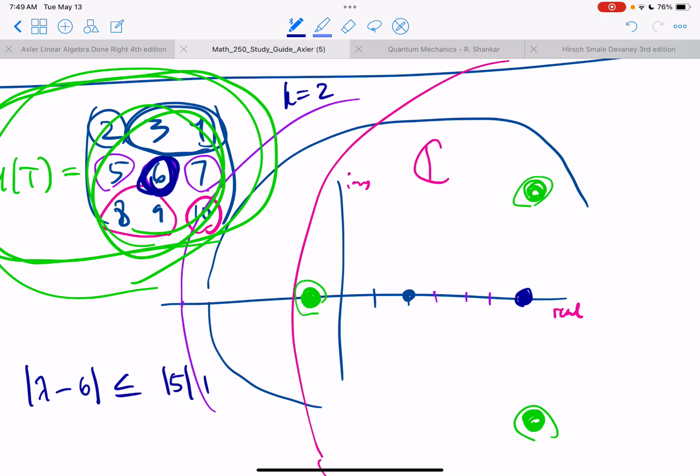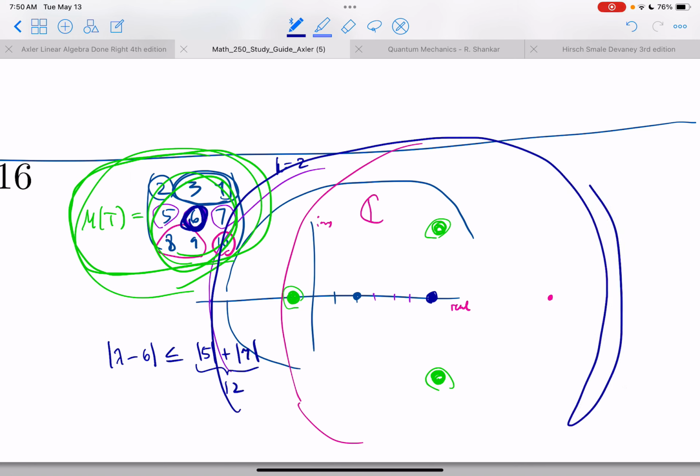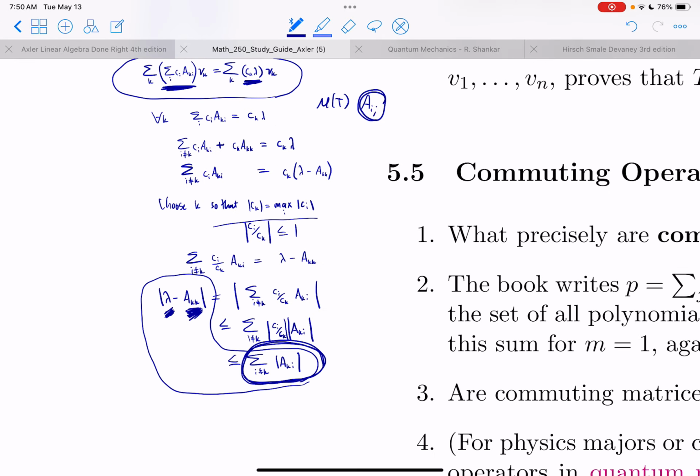So it would be the sum of this, which is, what, 12? So that's how I knew to draw a circle of radius 12 around the center of 6. And I knew that every single eigenvalue has to appear in one of these disks. Okay. So I just think that's an incredible result.